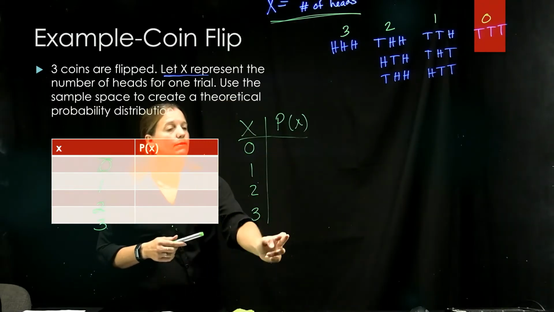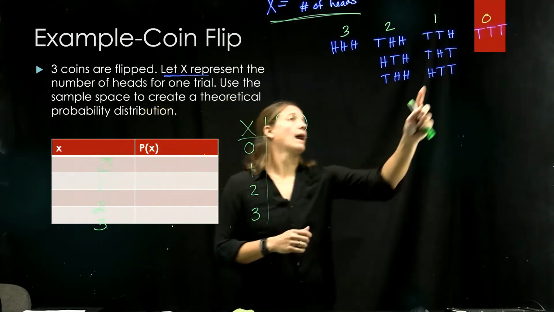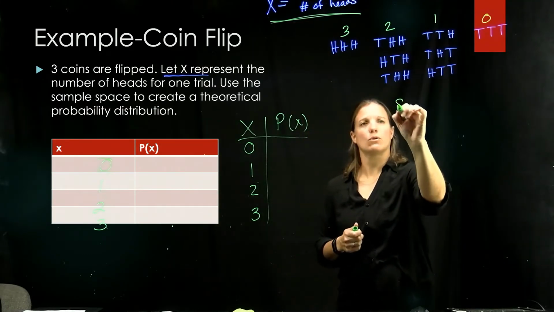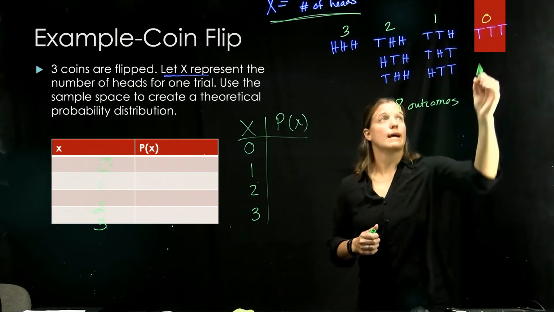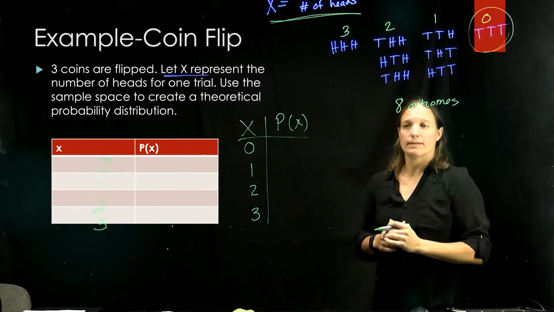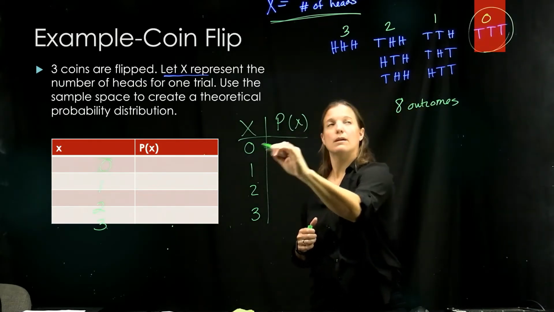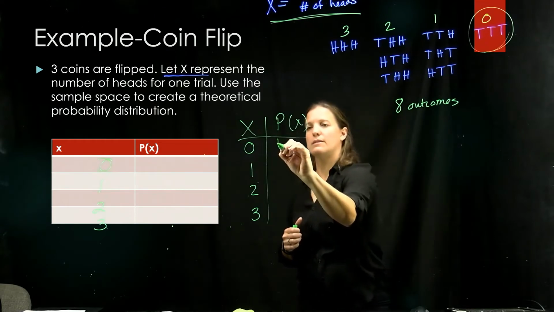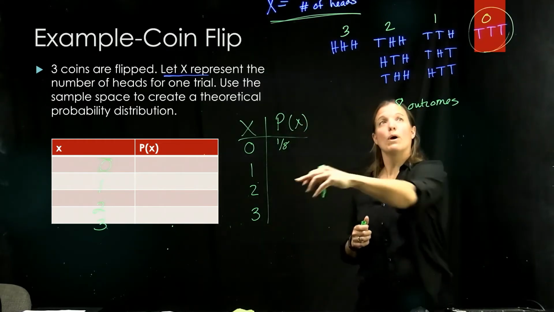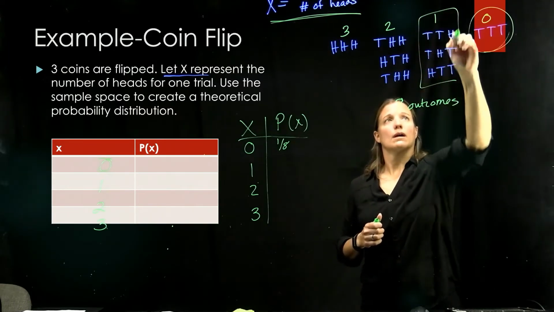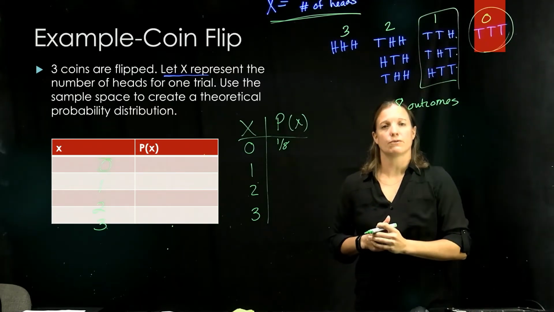Now, in order to figure out the associated probability, I can come over here, and I have a total of 8 outcomes. And out of those 8 outcomes, only 1 of them had 0 heads. So my probability of getting 0 heads is 1 out of 8. Okay, now to get 1 head, there's 3 possible ways for that to occur.